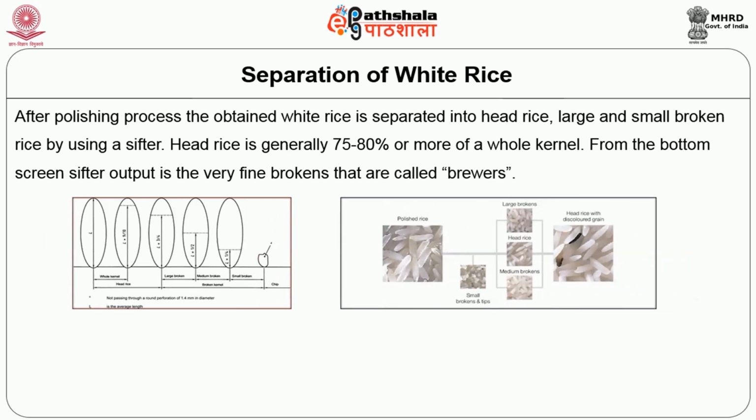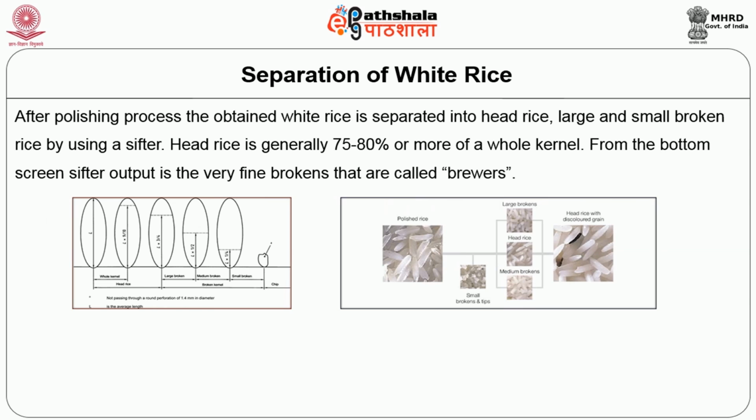After the polishing process, separation of white rice is done. Here the white rice is separated into head rice, large and small broken rice by using a sifter. Head rice is generally 75 to 80% or more of the whole kernel.